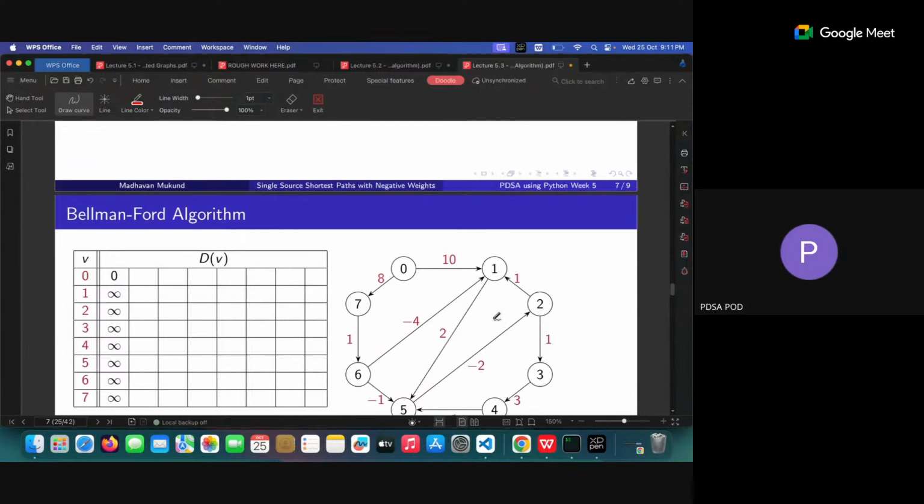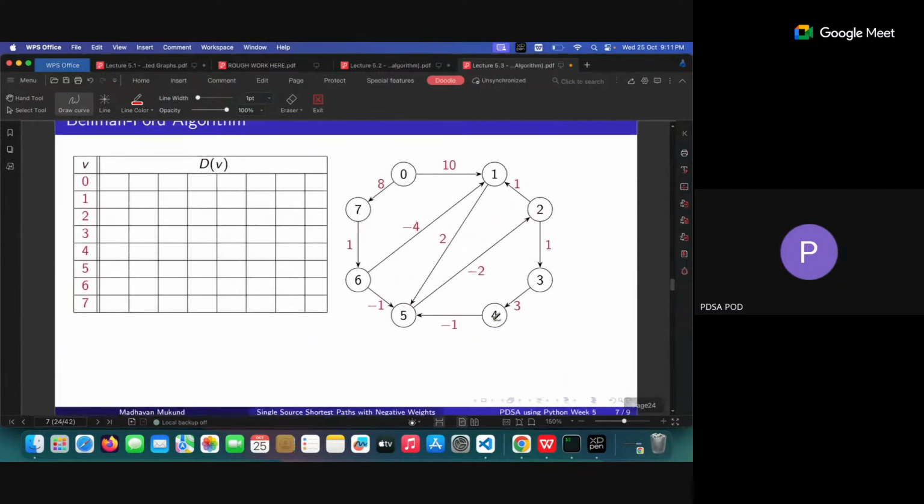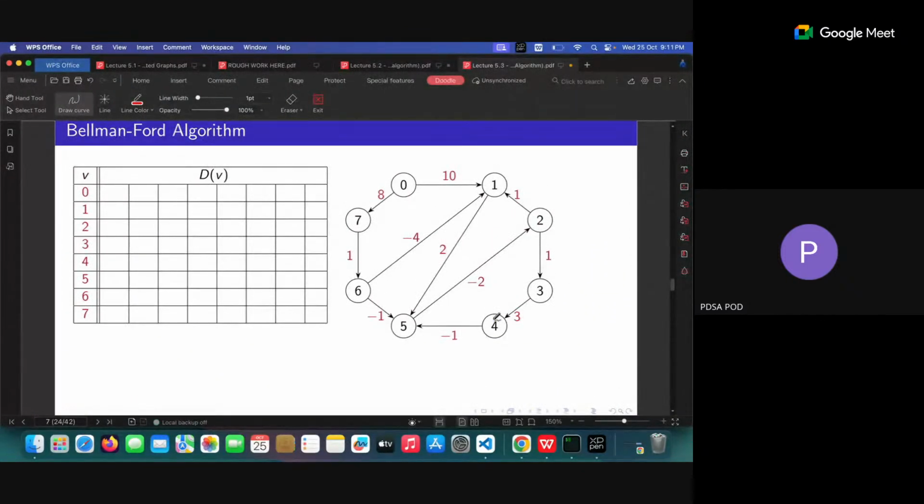Initially there is a graph given. Remember, Bellman-Ford allows negative weights also. Negative cycles are not there, but negative weights are there. You can check that no negative cycles are there, because going from -4, 2 and then -2, there is no cycle.